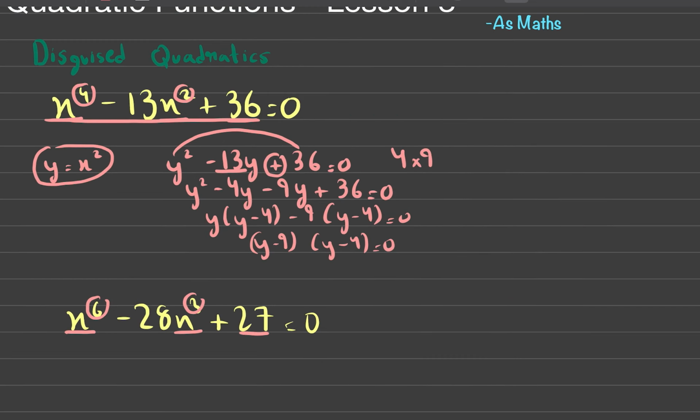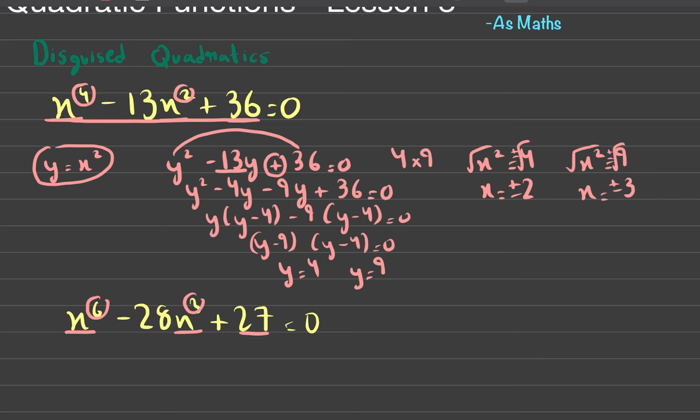It's going to be y is equal to 4 and y is equal to 9. But what was actually y? It was x squared equal to 4 and x squared equal to 9. So my answer of x will be square root plus minus. So it's going to be plus minus 2. And here it's going to be square root plus minus 3.